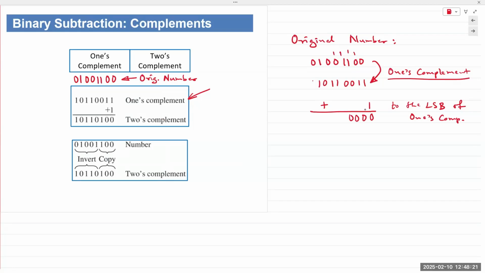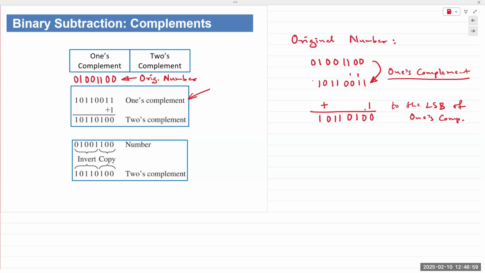Wait, did I make a mistake anywhere? Oh, I'm adding the wrong number. Sorry. So we get 1, 0, 1, 1, 0, 1, 0, 0.